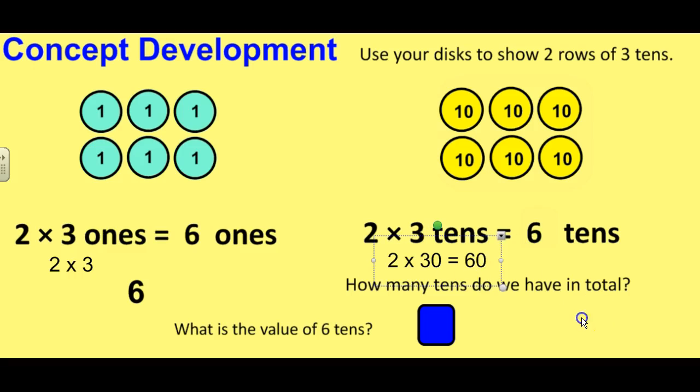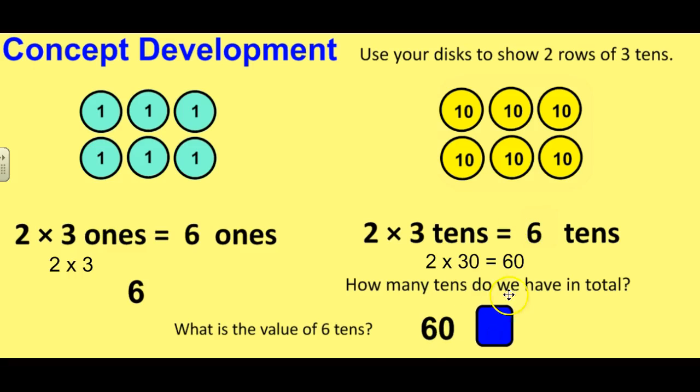And it is equal to 60. So this question right here, how many tens do we have in total? We had 6. So what was the value of 6 tens? And we just found that it was 60. So multiplying by multiples of tens isn't really bad. If you think of it back at the ones, and then we're changing our ones to tens, it's not very hard to do.